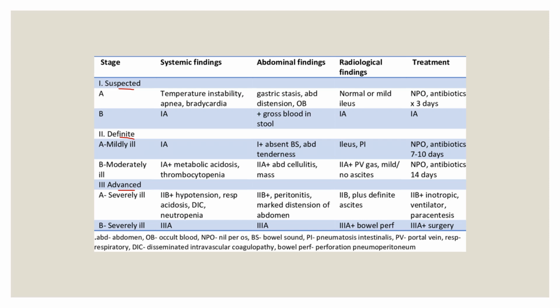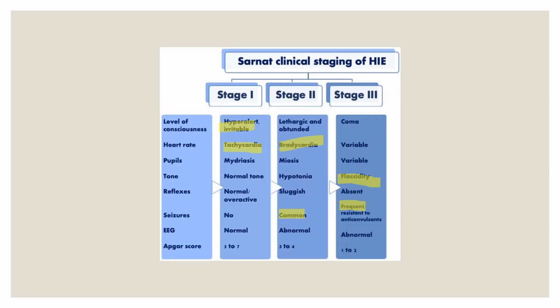For definite diagnosis, where there is metabolic acidosis, thrombocytopenia, there can be pneumatosis, abdominal cellulitis, but no ascites. Again, NPO and antibiotics for 14 days. If there is an advanced case with respiratory acidosis, neutropenia, peritonitis, marked distension of abdomen, then in severe cases you can go for surgery. So perforation with pneumoperitoneum is the absolute indication for surgery.